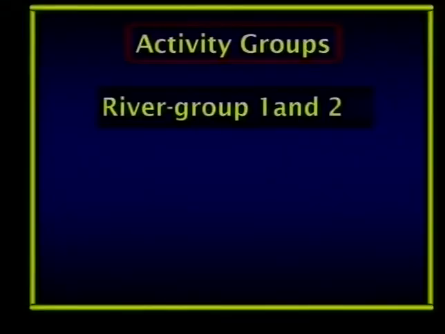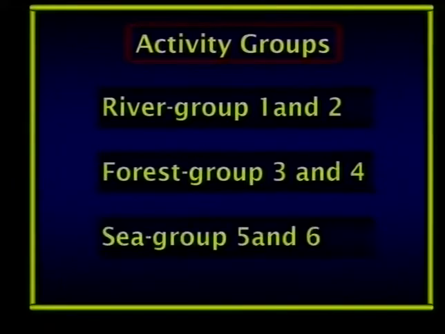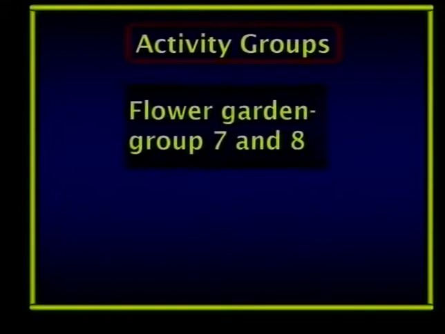Remember your group that you worked with yesterday. Group 1 and 2, you worked on the habitat river. Group 3 and 4, you worked on the habitat forest. 5 and 6, you worked on the habitat the sea. 7 and 8, you worked on the flower garden.